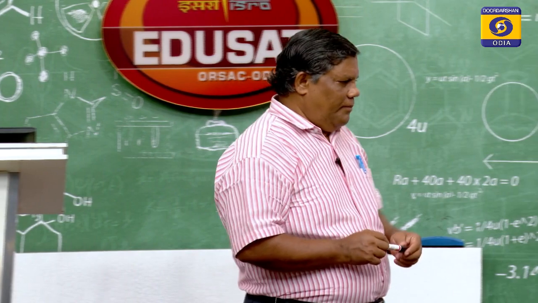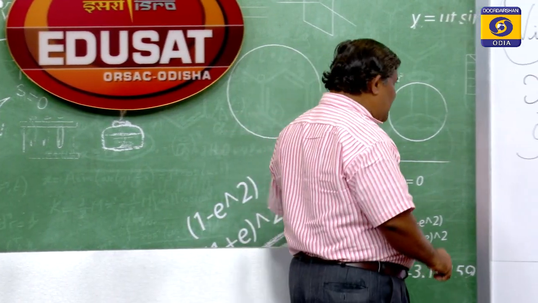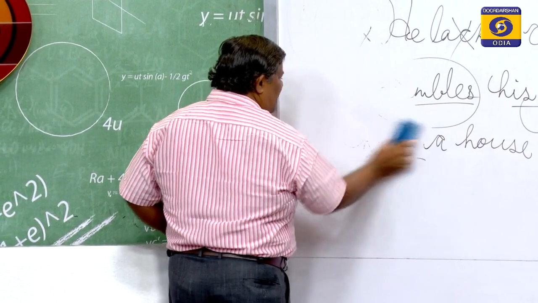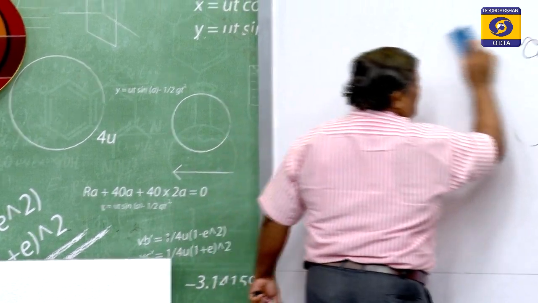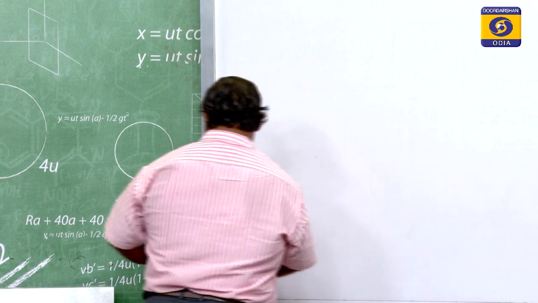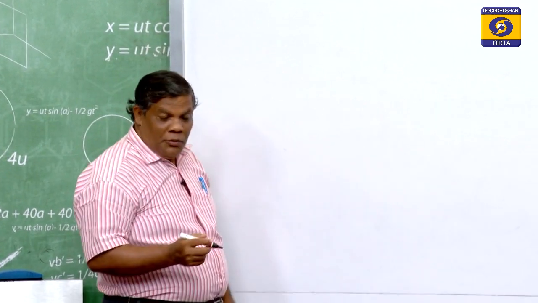Let us now sum up with some more sentences, one or two sentences, to recap the ideas of the passive forms. Let us take a WH word sentence like this.